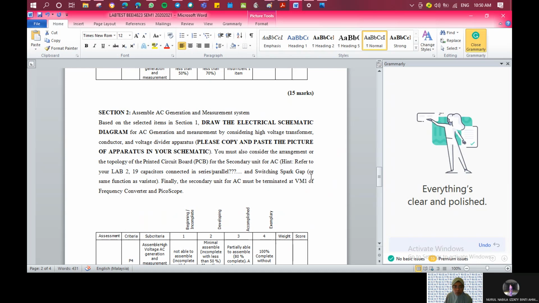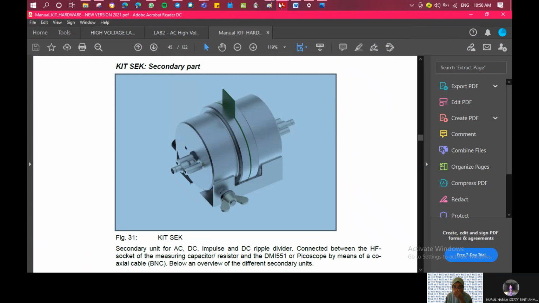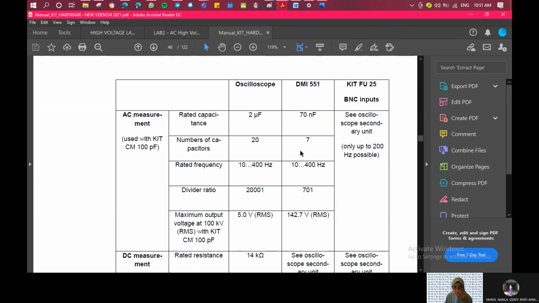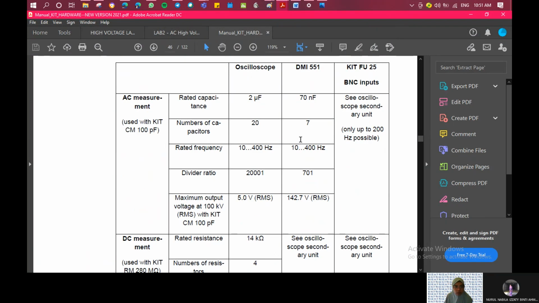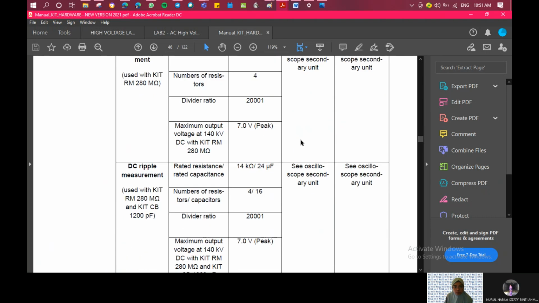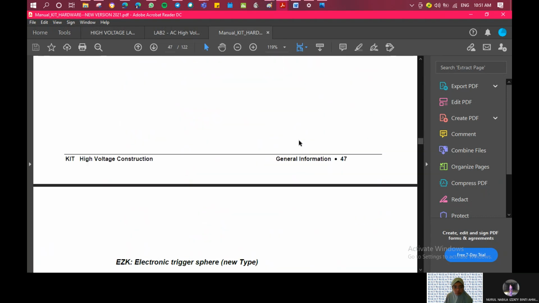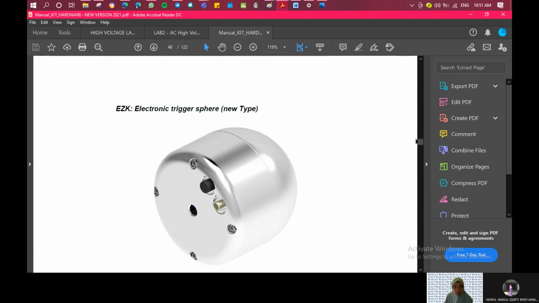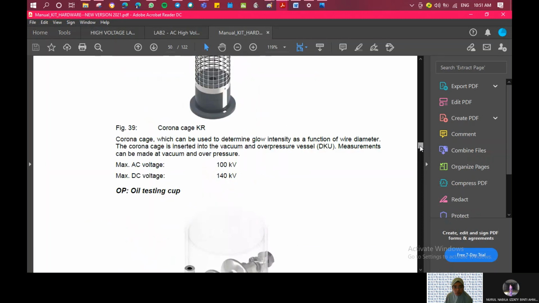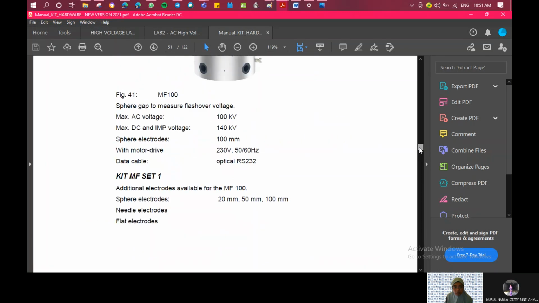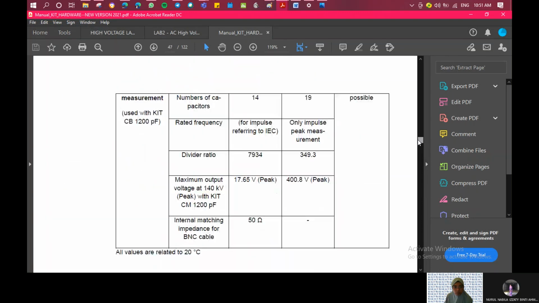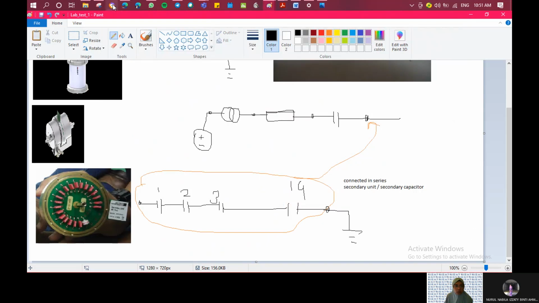Switching spark gap. This is the switching spark gap. Okay.